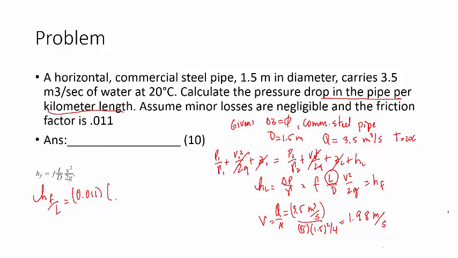So I'm continuing substituting here 1.98 meters per second. This is squared divided by 2 times 9.81 meters per second squared.